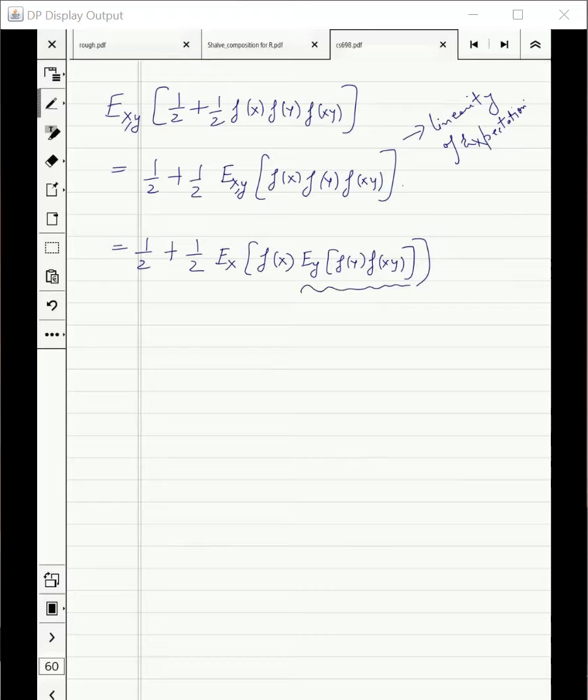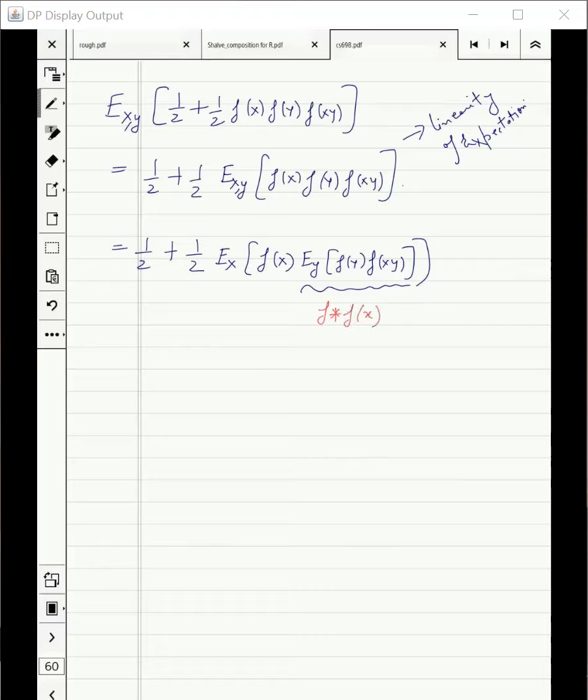It is the inner product, or convolution, I guess. No, it is not the inner product. It is actually the convolution. Remember what we are doing: expectation over y of f(y) multiplied by f(xy). This is the convolution of f with itself.